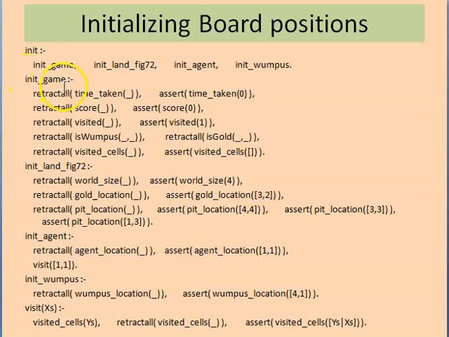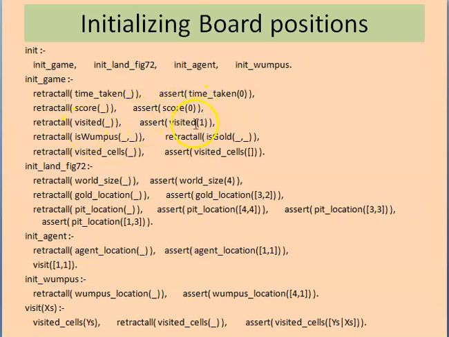In init game, we will first of all clear the memory. The retract predicate is used to clear the memory of all the previous settings for this particular parameter. So we will clear the time taken, and then we will assert the time taken as 0. Every time the game is started, time taken will be initialized to 0. Then for score, whatever old values are there, we will remove them and set the score to 0.